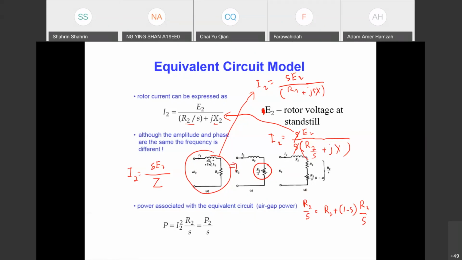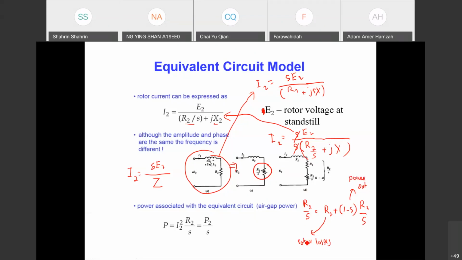Okay, why do we separate this? Because these values are actually referring to the rotor losses, while this one will actually go for the power output.